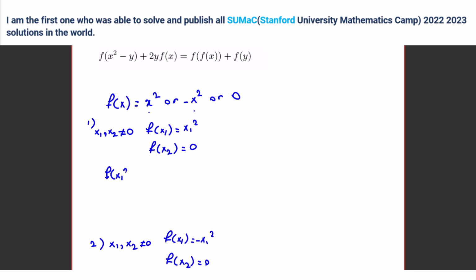Oh, okay, so f of x1 squared minus x2 plus 2x2 f of x1, right? Or you can say 2x2 x1 squared, right? Yeah. Is equal to f of x1 squared plus f of x2, which is 0, right? Yeah. Then what?